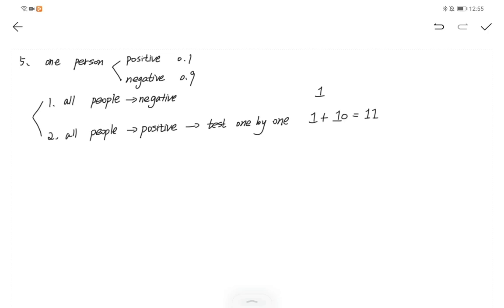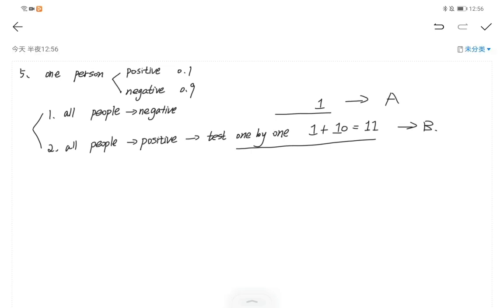We set the first situation as event A and the second situation as event B. Then we need to count the probabilities of event A and event B. For each person, the probability that the test result is negative is 0.9.